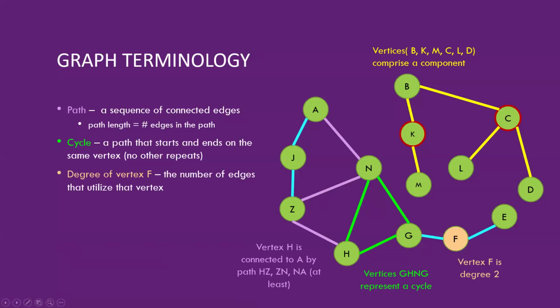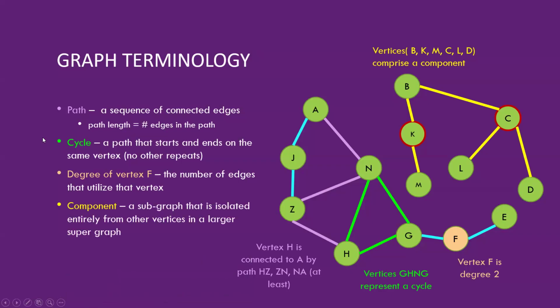Remember that our degree is how many neighbors a particular vertex has. So we'll use that terminology relatively often. A component is this island, right? So this thing over here is a component, and we call that a connected component in an undirected graph, okay? So those are our two different components there. And we talked about adjacencies last time.